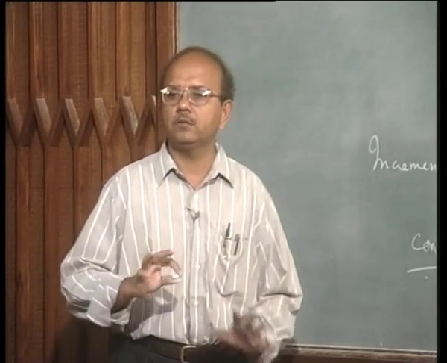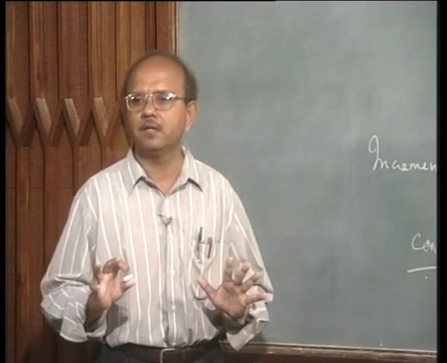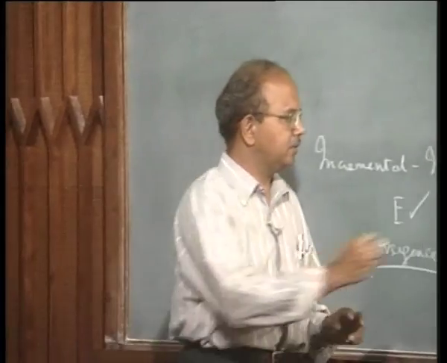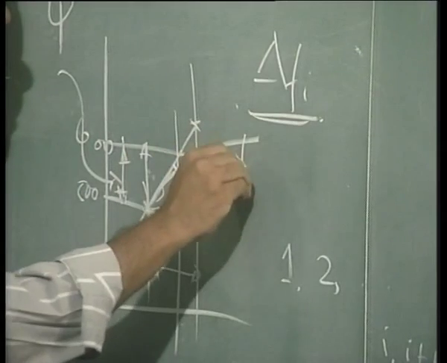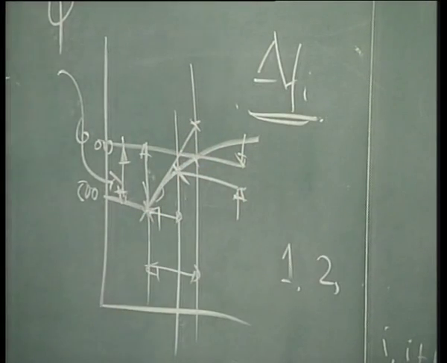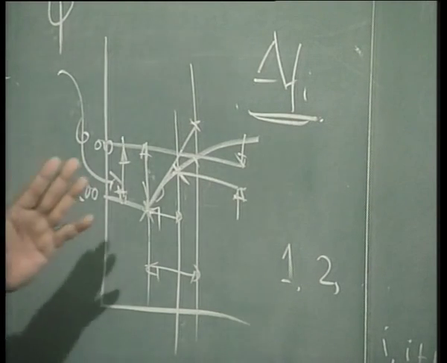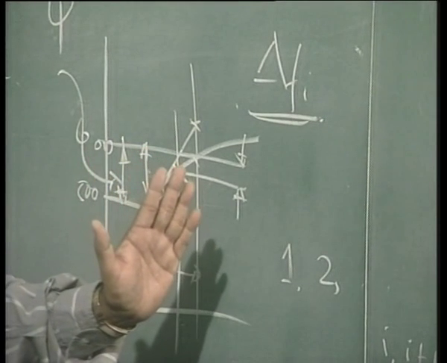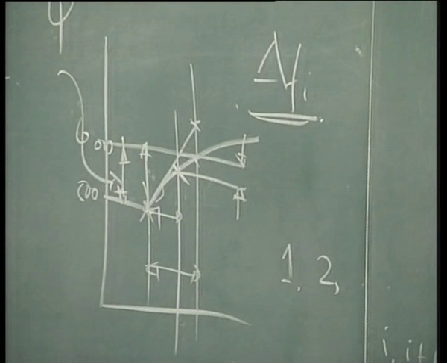Am I now devoid of errors? No, because I still have that much as the error. I repeat that this error is due to linearization at that point. So what do I do?